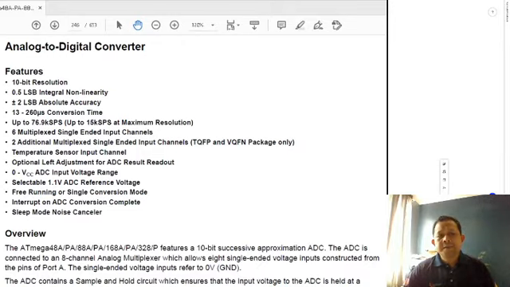Let's say you want to build a device for an X-ray or CT scan, for example, and that CT scan or MRI or X-ray needs an ADC, an analog to digital converter, which converts analog signals to digital. It needs to be very low in noise, ultra low noise.